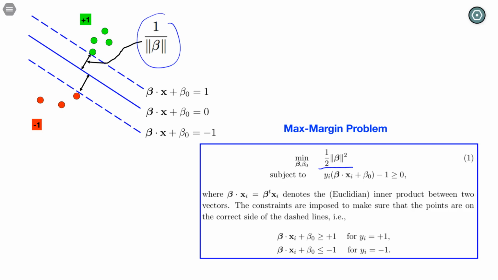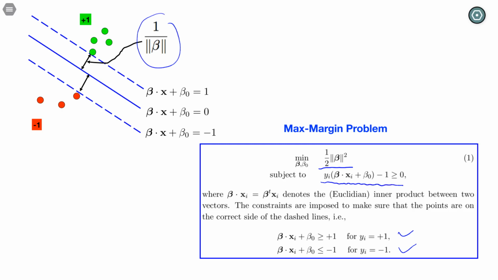When we try to maximize the margin, it is equivalent to minimizing this objective function subject to some constraints, because when we formulate this problem, we have to require our points to be on the correct side of those dashed lines. And here are some of the constraints, and those two can be written in a unified form, which is this one.